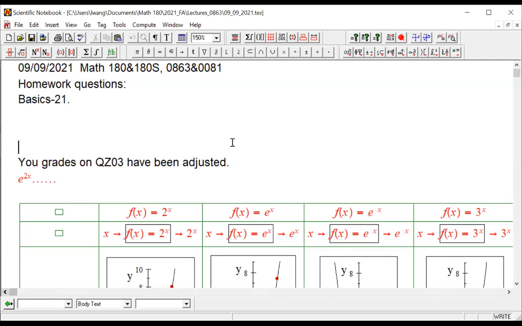Which row, which column? Or should I bring this up? Let me bring this up to help you to identify that question. Or you can take a picture and send it to me. Okay, I'm trying to find that page.